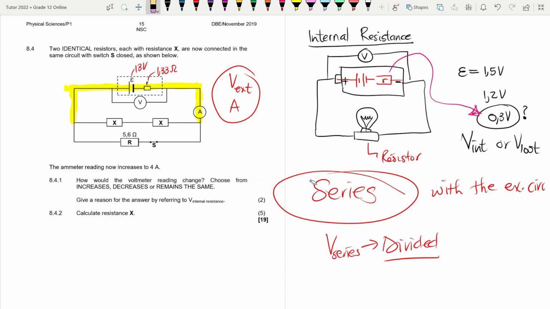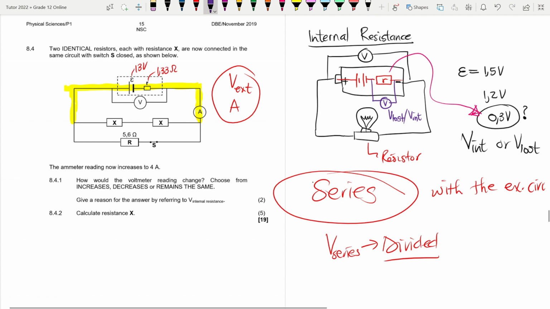So if I actually, this is impossible, but theoretically, if I connect a voltmeter across the internal resistance, I will measure the V lost or the V internal.